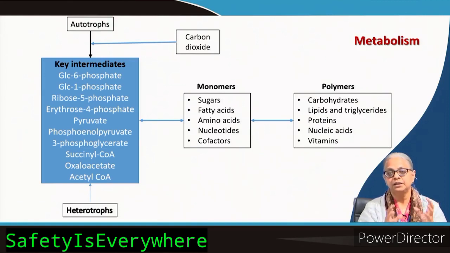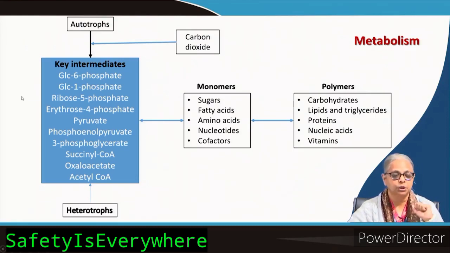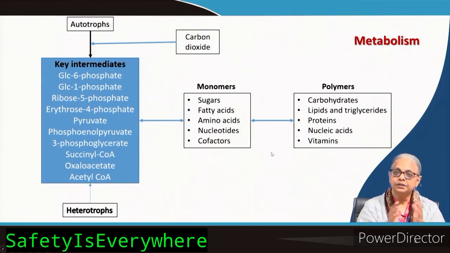These key intermediates are directly taken into the anabolic reactions after they are generated in catabolic reactions. These are the key intermediates that are common, and autotrophic organisms, heterotrophic organisms, all of them utilize these key intermediates, along with the other monomers that are utilized to create polymers.